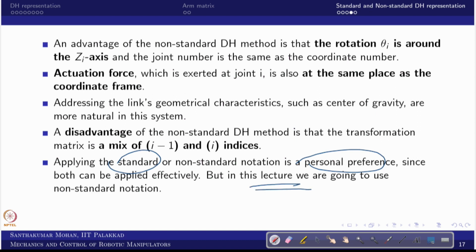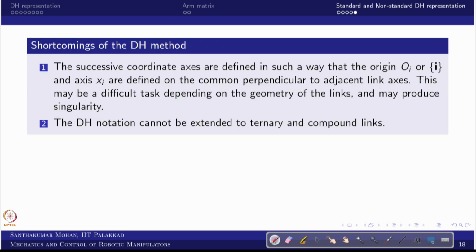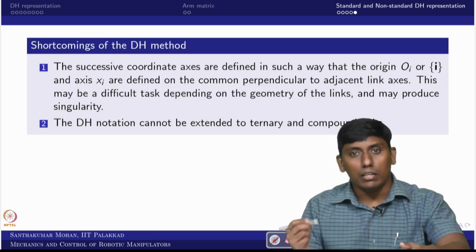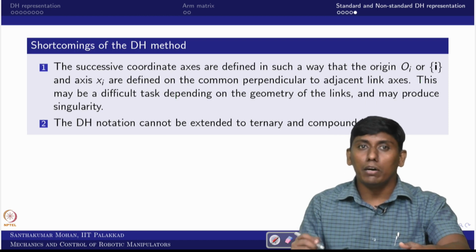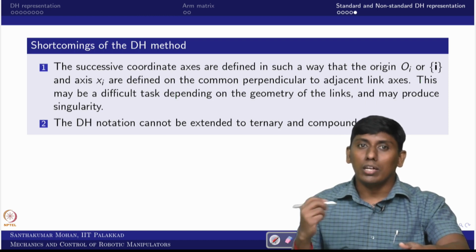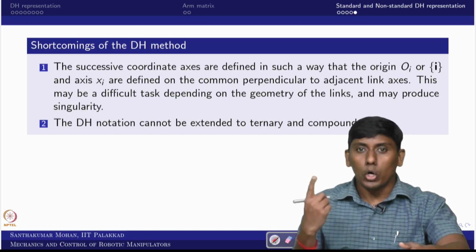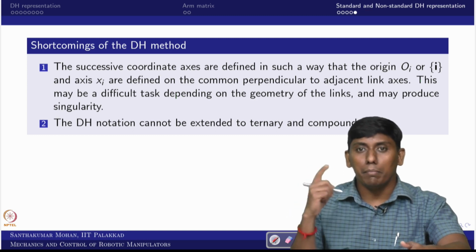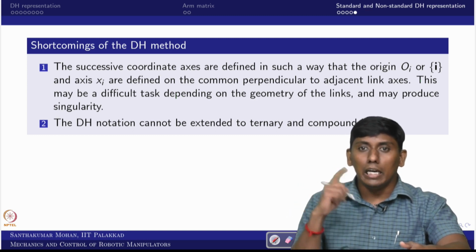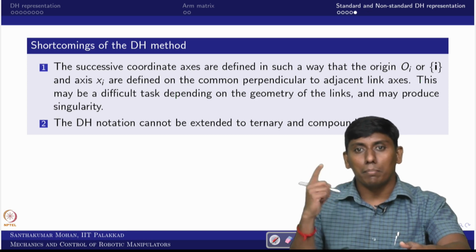As I already mentioned, in this lecture we are going to use the non-standard representation. Now we will talk about, in general, the benefits of DH we have seen, but what are the shortcomings? The shortcomings we already discussed in the beginning. Every link should be considered as a binary link.